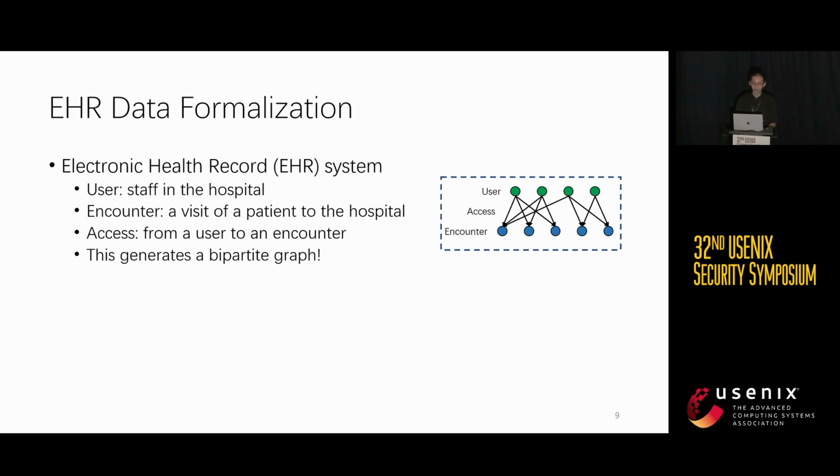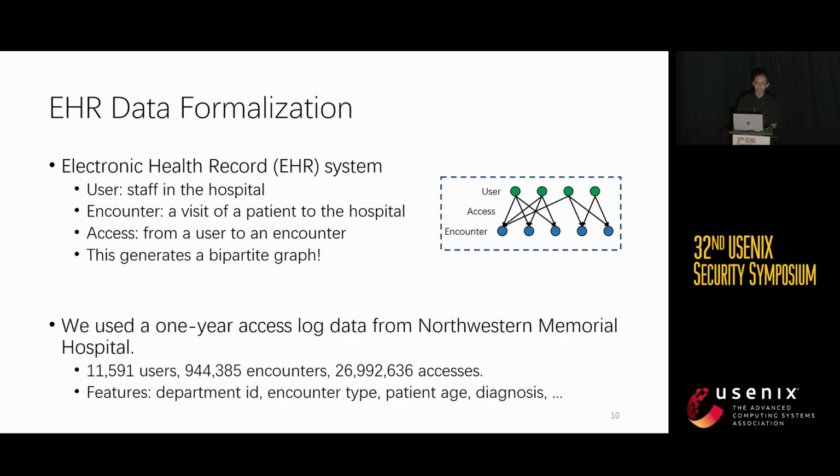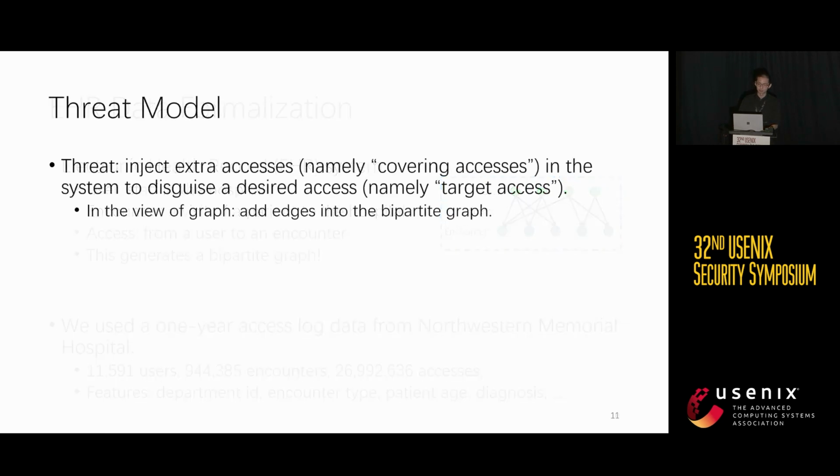One user can access one encounter for certain information, and this will generate a bipartite graph. We mainly focus on a private one-year dataset from Northwestern Memorial Hospital, and the dataset contains around 1 million nodes and around 27 million edges. The features we use include user department and encounter types, and these are all node features.